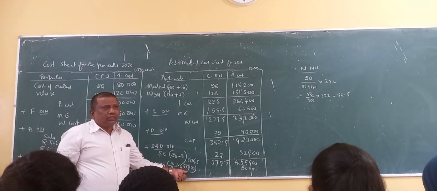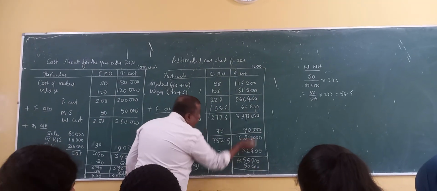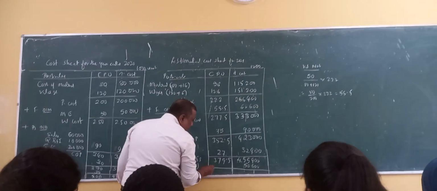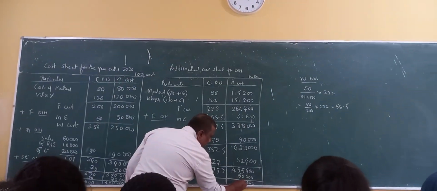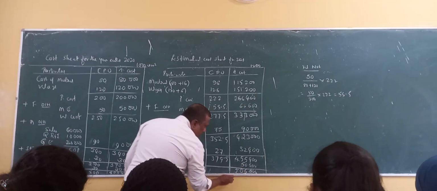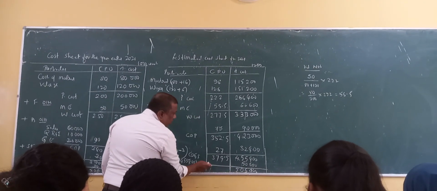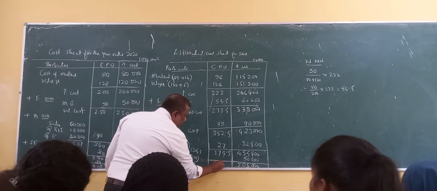Fast. Correct? Now total of this you divide by 1,200. 5,06,000, right? Yes, sir. Here 421.66. You divide.